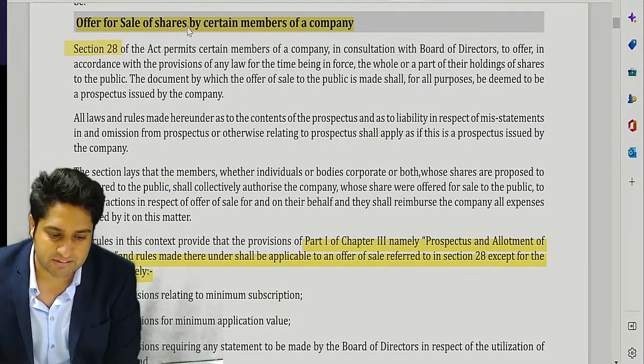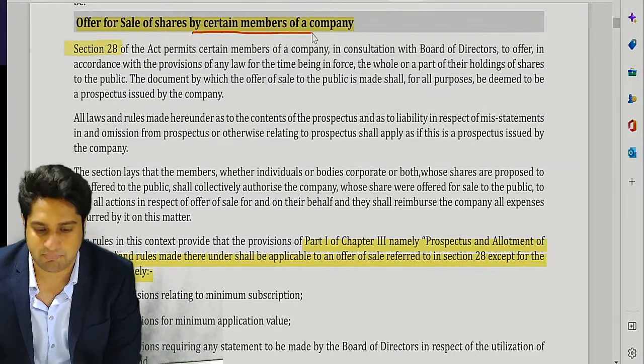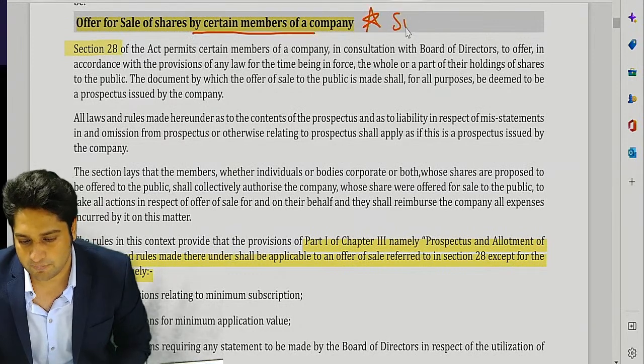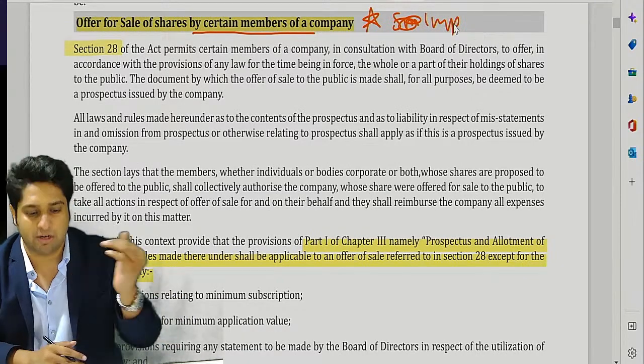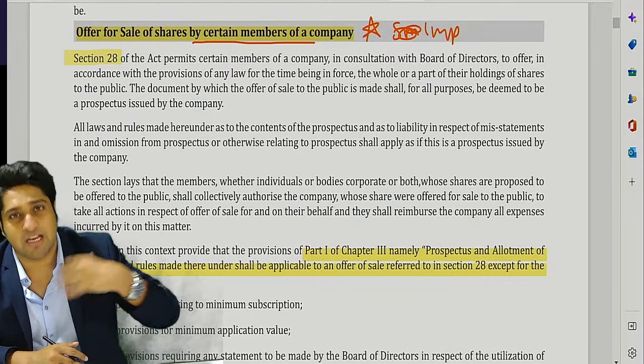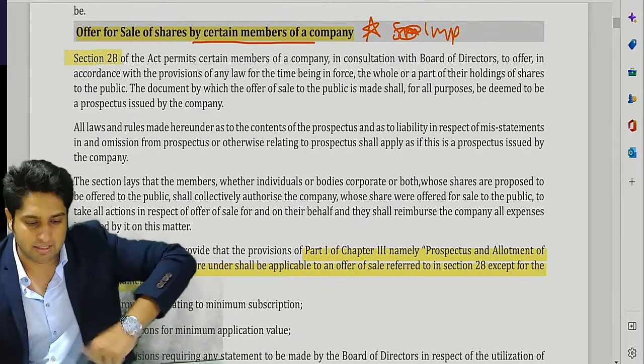Moving ahead, offer for sale by certain members. So this market is important, as I told you: big directors and big shareholders who have a stake can offer their shares to the public. So let's read.